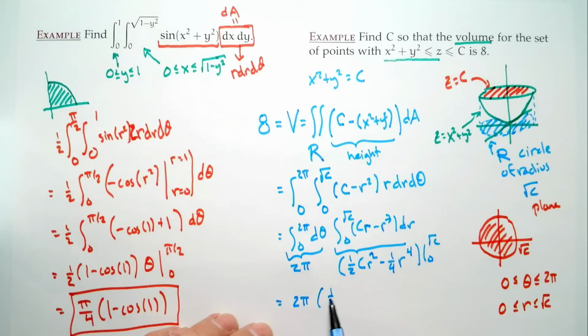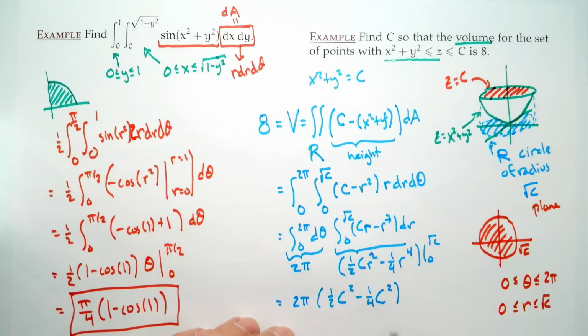So that's 1/2 c squared. Then minus 1/4 square root of c to the 4th becomes c squared. Well, that's very convenient. 1/2 minus 1/4 is 1/4, times 2 pi. That'll become 1/2 pi c squared.